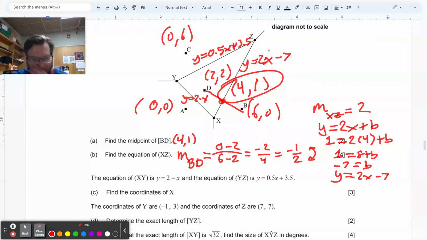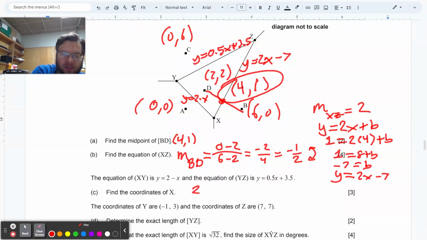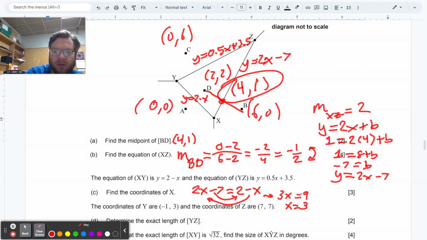And we're asked to find the coordinates of X. So let's choose the two equations that intersect at X, and that's 2x minus 7 and 2 minus x. Let's solve here. I'm going to add 7, and I'm going to add x. So now I have 3x equals 9, divided by 3, x equals 3.